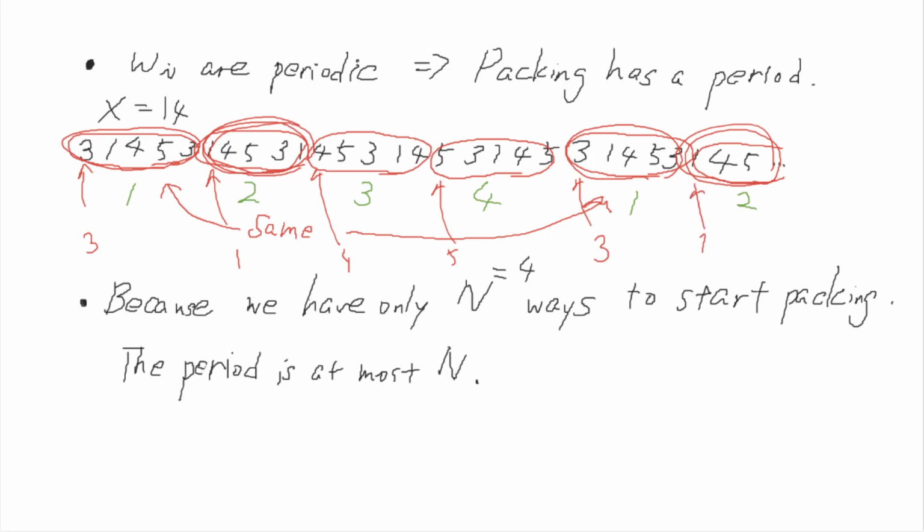So these numbers have only four ways, which is the period of the weights of potatoes. So the period of the packing is at most N. This is a very important idea.